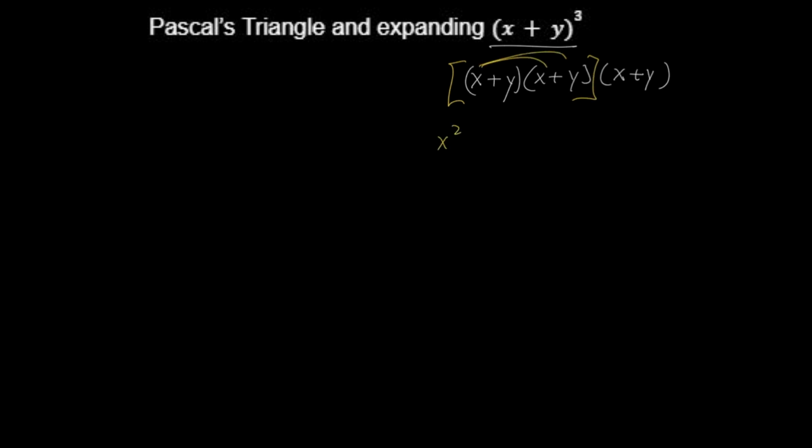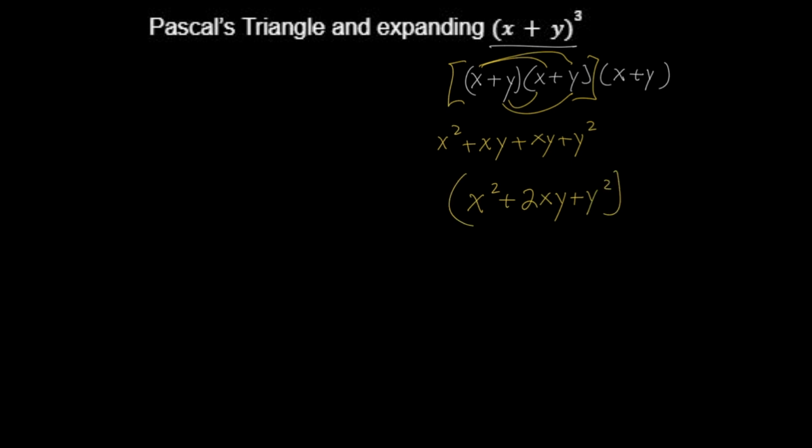And then take that result and distribute it with the remaining factor. So we'll have 2xy's, and then we'll have a y squared, meaning that our factor is going to be x squared plus 2xy, and then plus y squared.